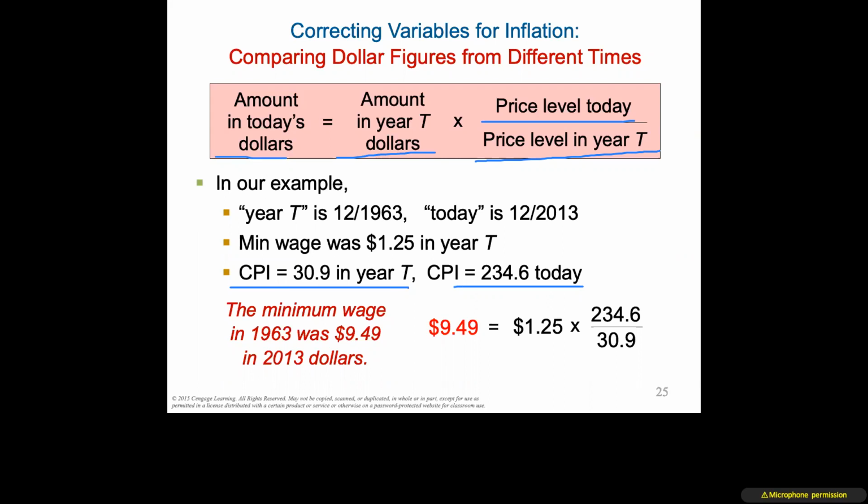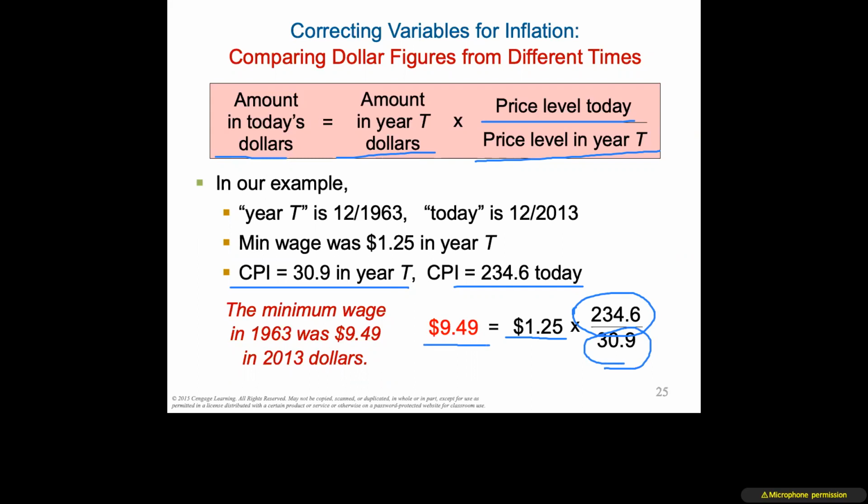So, amount in year T: minimum wage in 1963 was $1.25. The price level today is 234.6, and the consumer price index in 1963 was 30.9.